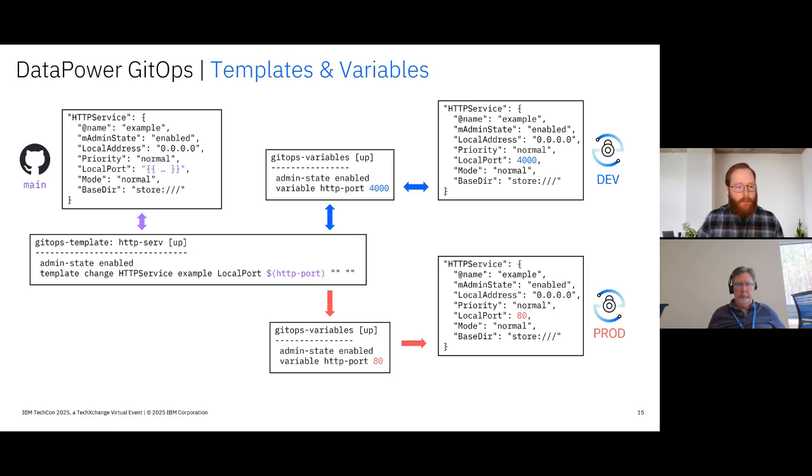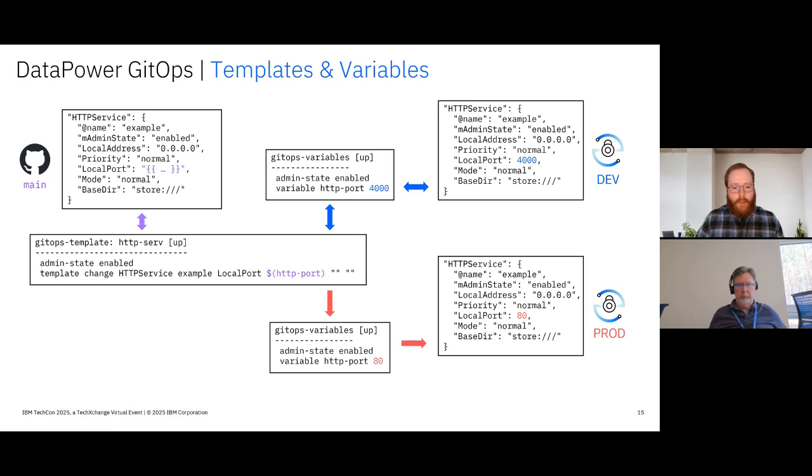The next box down below that, where you see GitOps template HTTP serve, is an example template that would have been used to produce that config. And you'll see that the value of the local port that's being changed is actually referencing a GitOps variable called HTTP port. So within the template and within the actual object on the remote, you don't see an actual port, right? It's just templated and then referencing a variable.